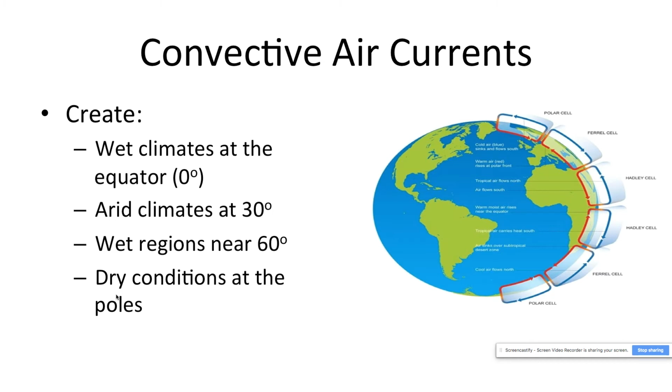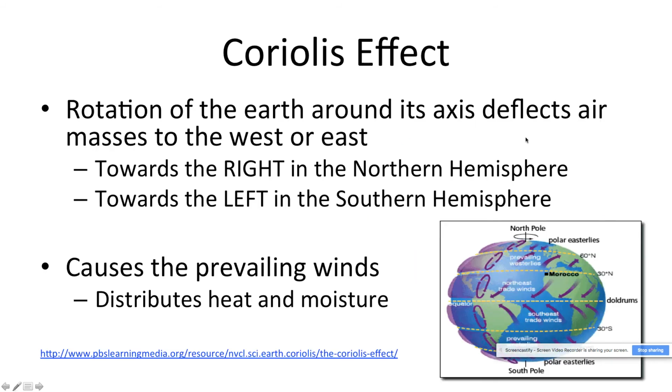Here we can see the combination of all 6 convective air currents. Again, these warmer air masses are rising, cooling, and falling, creating these convection cells around the Earth.